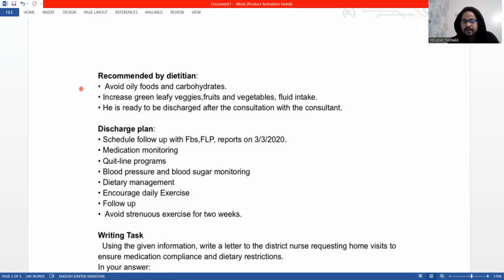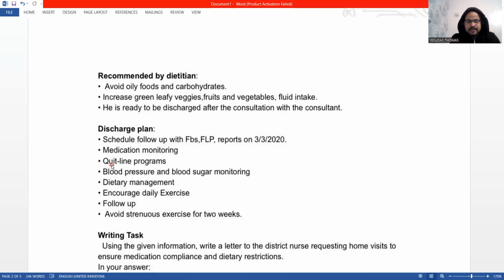So we need to include quitline programs, in addition to medicine monitoring and dietary management. In addition, we have something else here in the discharge plan: the monitoring of blood sugar and blood pressure, and encouraging him to do daily exercise here.